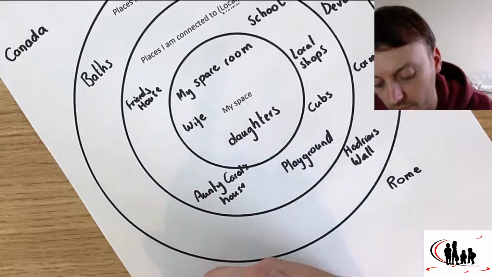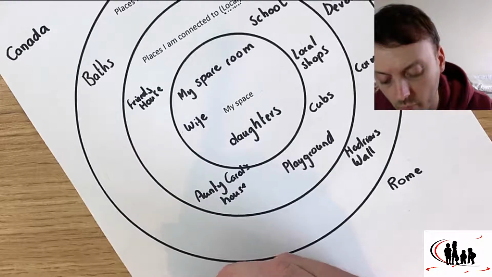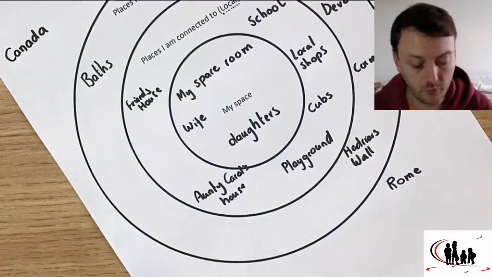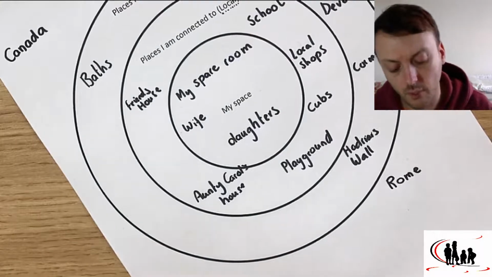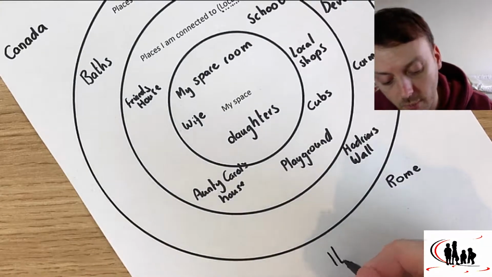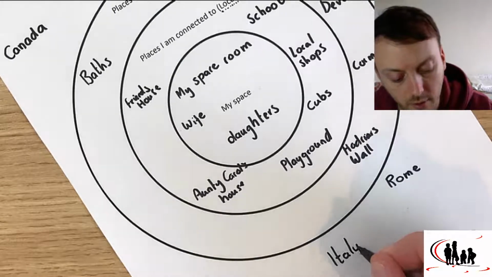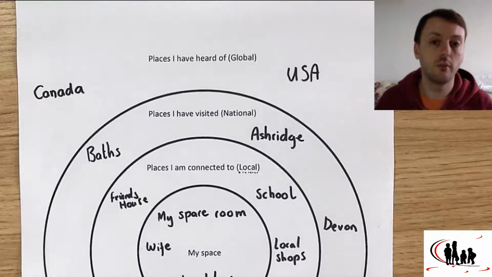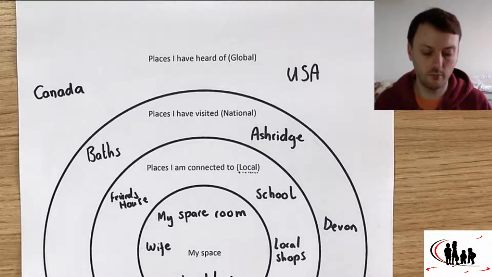I've heard of China. Discovered that a lot of things we own come from China. Quite like Italy in general, so I put Rome, but I'm going to put Italy separately. Now, these don't have to be countries, they don't have to be towns, they can be any combination of those.